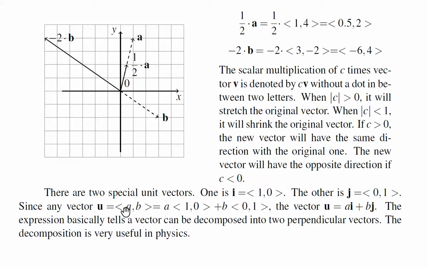So that will be the first component. a times 0 is 0, and adding b times 1, which is b, so the final answer for the second component will be b. (1, 0) is vector i. So you then have u is a times i plus b times j. j is this vector.